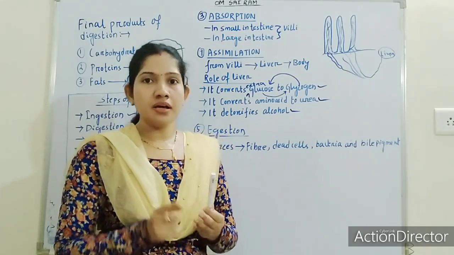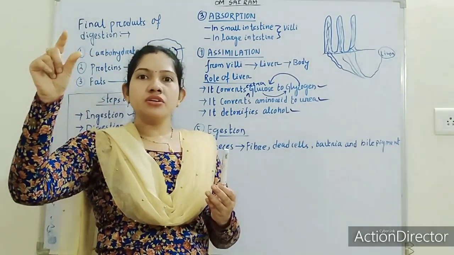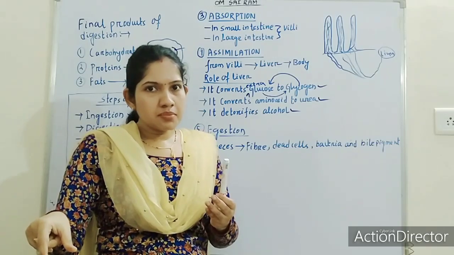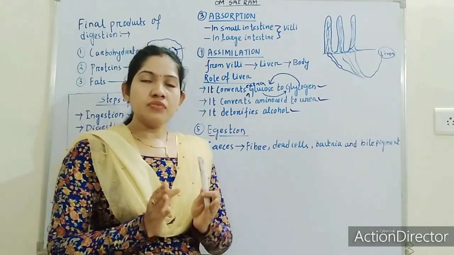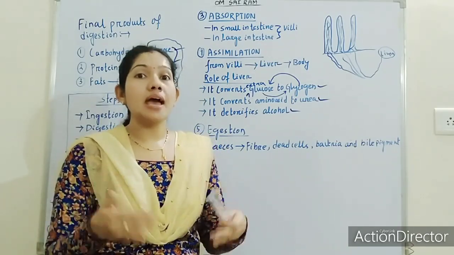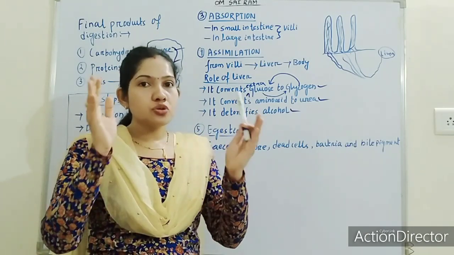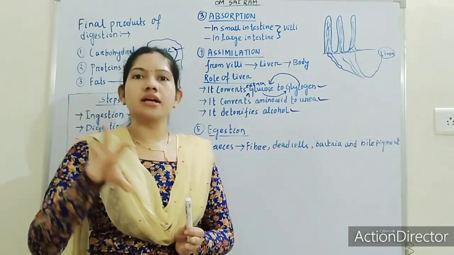If you all remember, cecum is the starting part, then ascending colon, transverse colon, descending colon, and then rectum. So for a temporary period, all the undigested, unabsorbed food is stored in the large intestine, mostly in the rectum part.